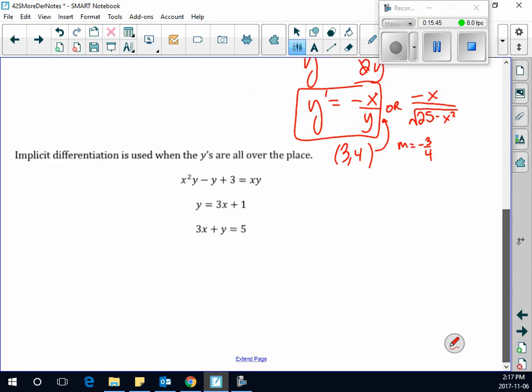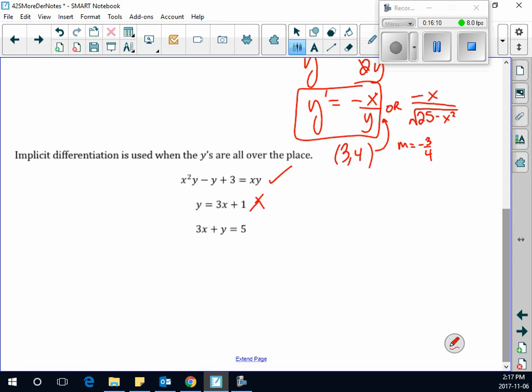Okay. So the key here is implicit differentiation is used when the y's are all over the place. Like for instance, would I use implicit differentiation here? Yes. Does everybody see yes? Would I use implicit differentiation here? No. Would I do implicit differentiation here? No, I would just move the 3x over.